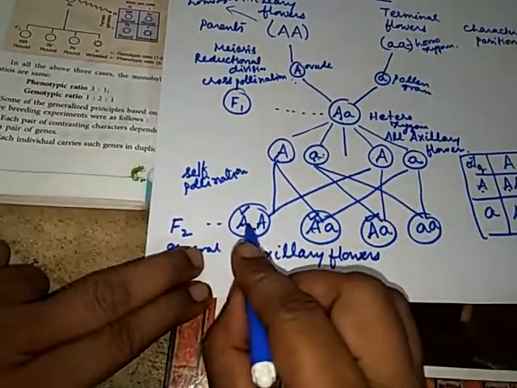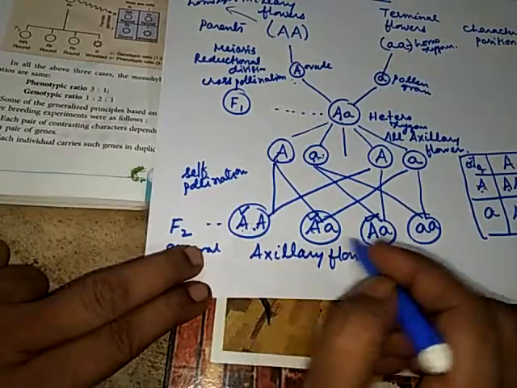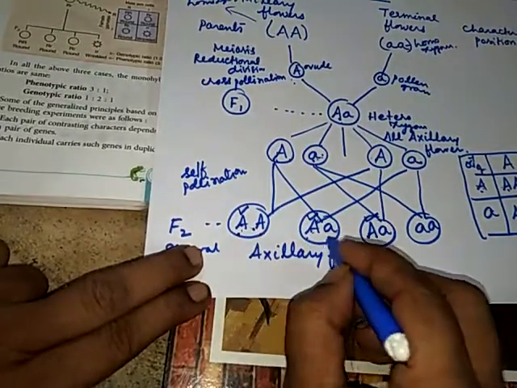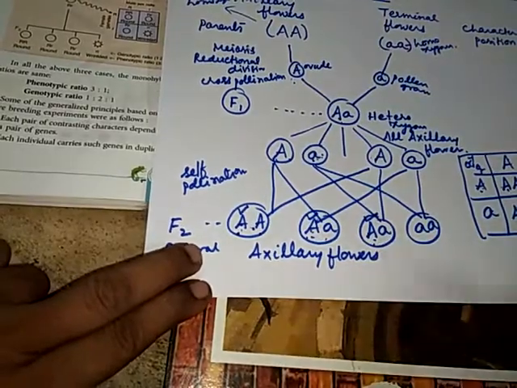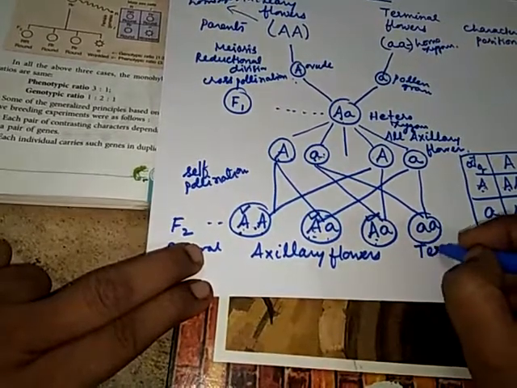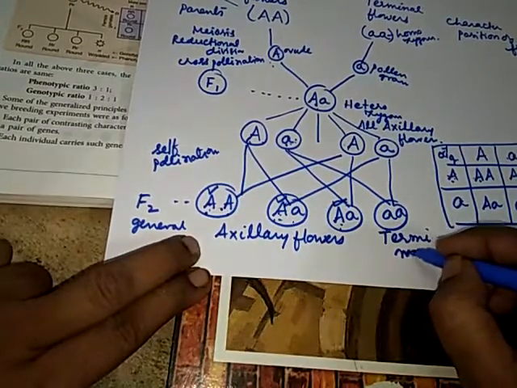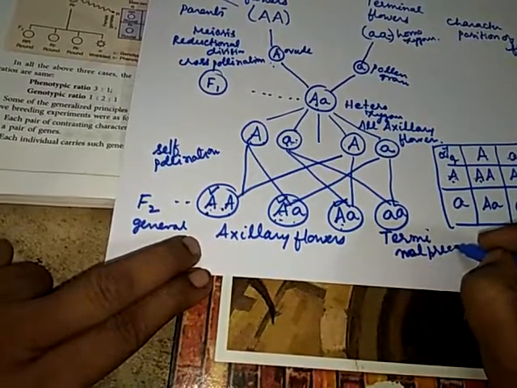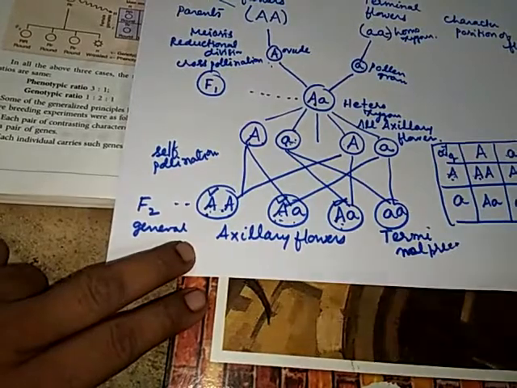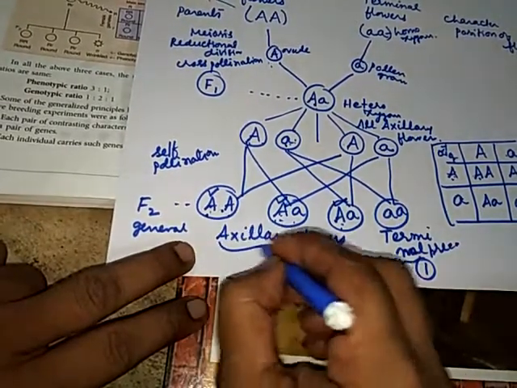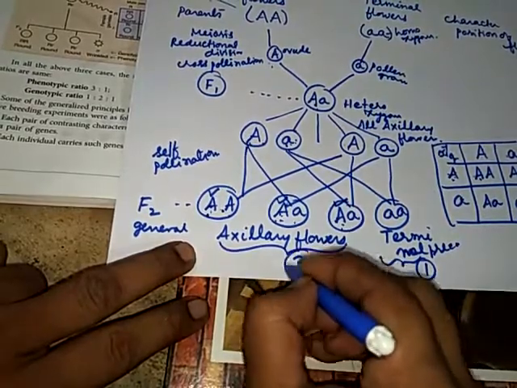Out of these, all 3 are axillary: this is axillary homozygous, these are axillary heterozygous, and this one is completely terminal. Terminal one. So one case is terminal, and the remaining 3 cases are axillary.